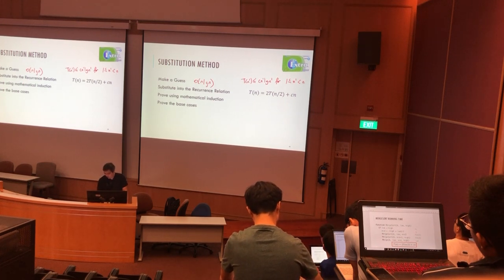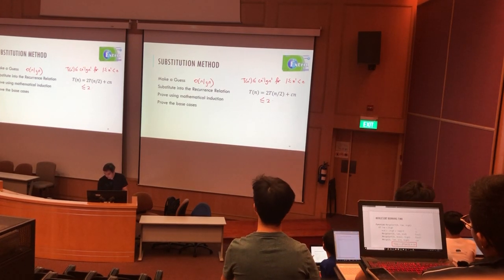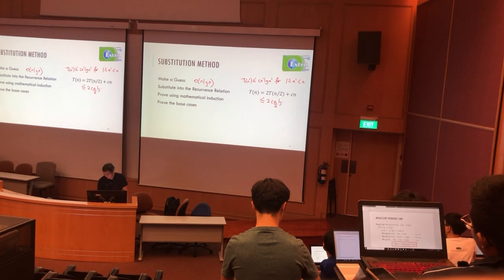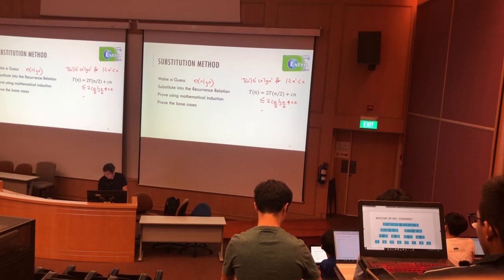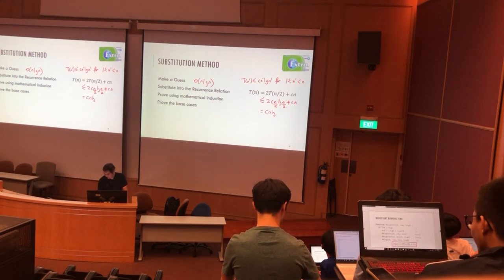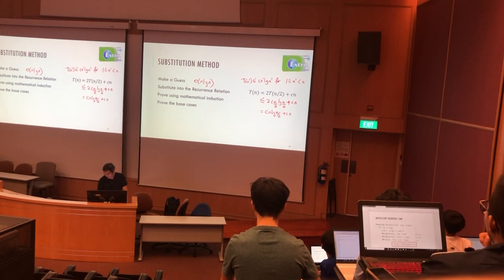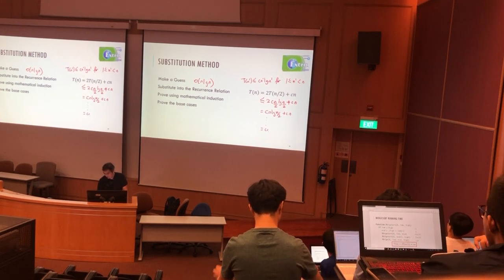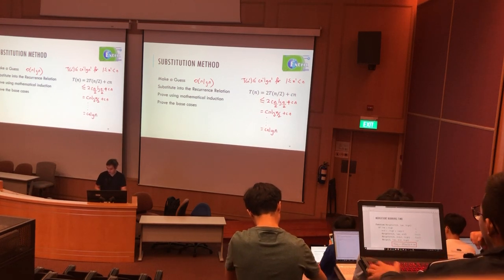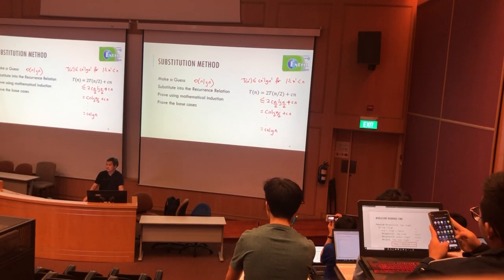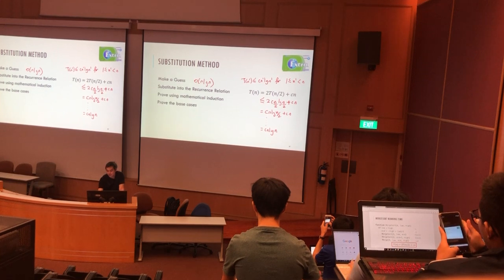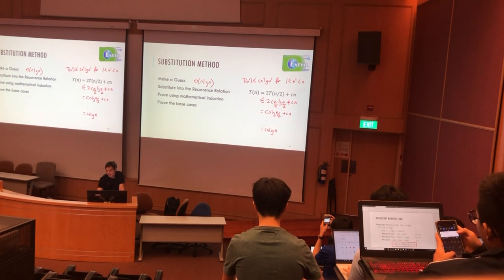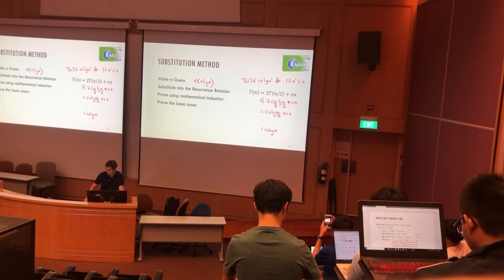So you are going to say that this is smaller than or equal to 2 times c n/2 log n/2 plus cn. Then you can just write it out line by line, go all the way down, and you will find that you can show this. Then you just show it for the base cases. Remember that for mathematical induction, you assume it for n' less than n, and you show it for n. So that's the idea.